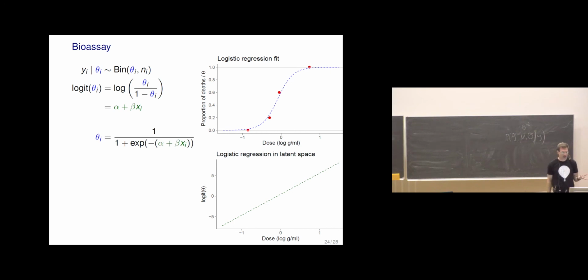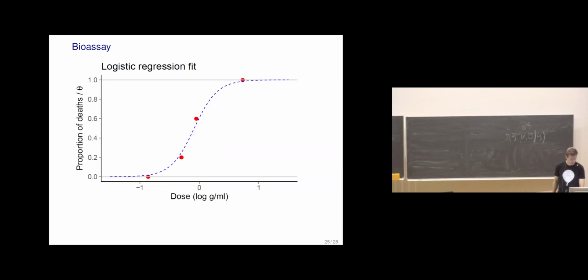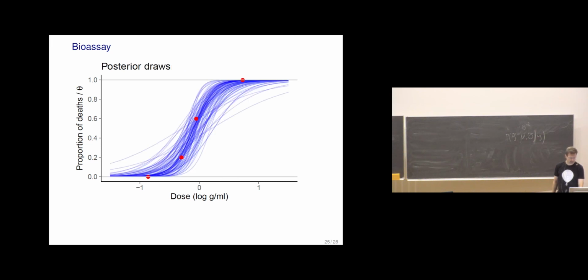Now there's also a transformation backwards, so that we can find out, based on this linear model, what is the value for theta_i. There are alternative transformations, but this is commonly used, and in this case works well. So here we have again just the one fit, but these same observations could be explained by other fits, and these are now posterior draws.